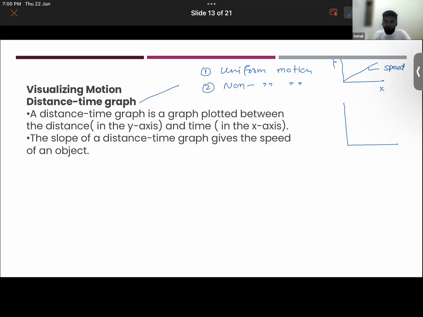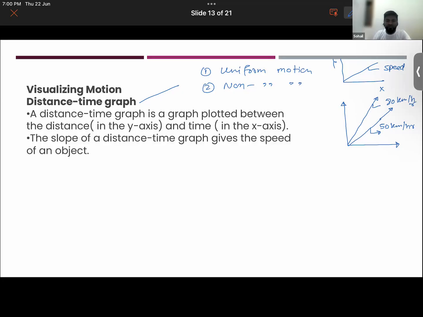This line represents the car having 50 km per hour, and this is the graph of the car having 80 km per hour.